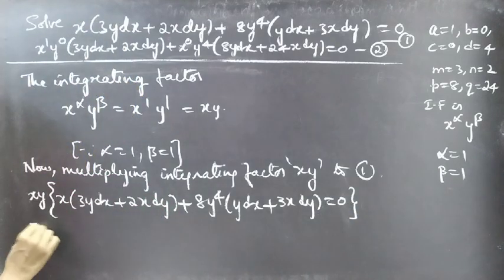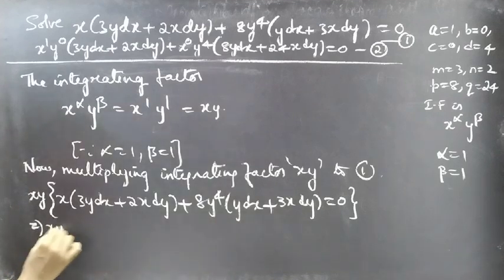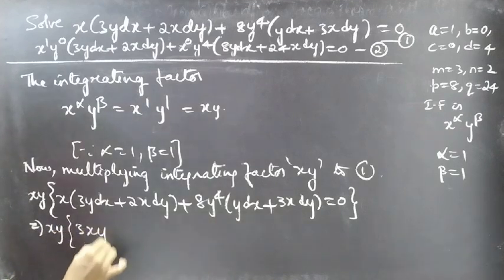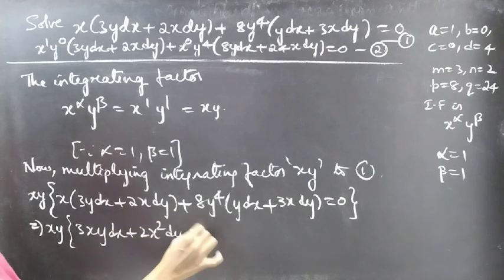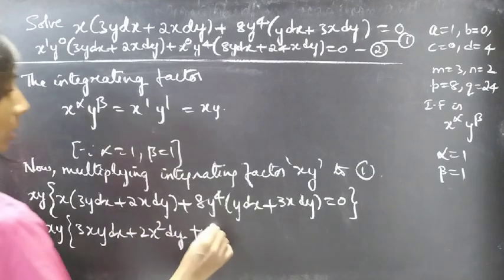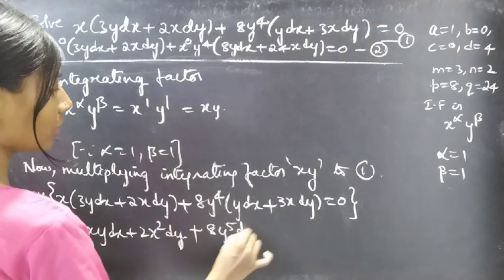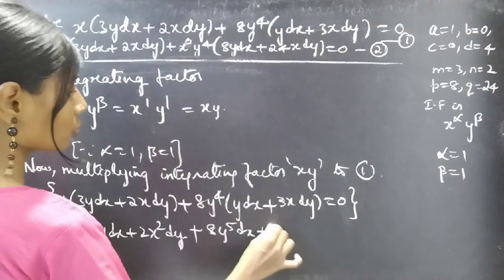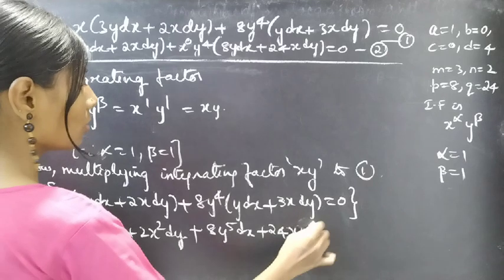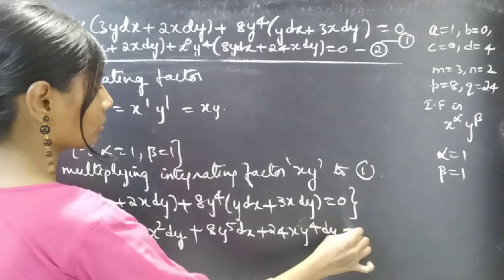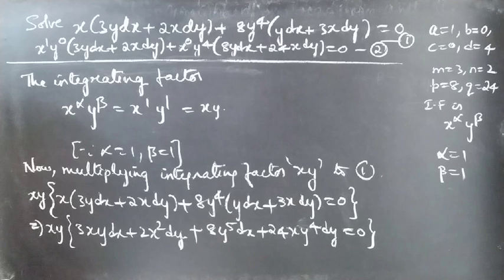This becomes xy into 3xy dx plus 2x square dy, plus 8y power 5 dx plus 8 threes are 24 xy power 4 dy equal to 0, right?